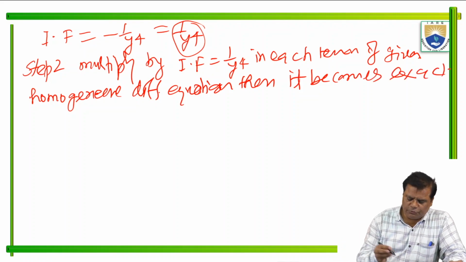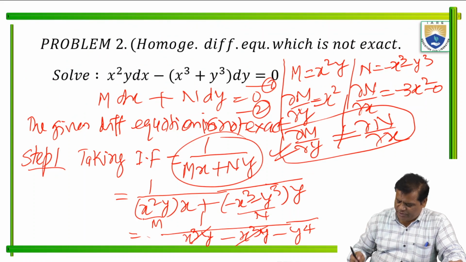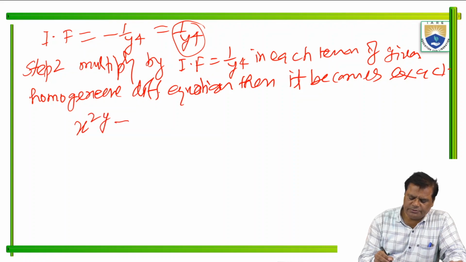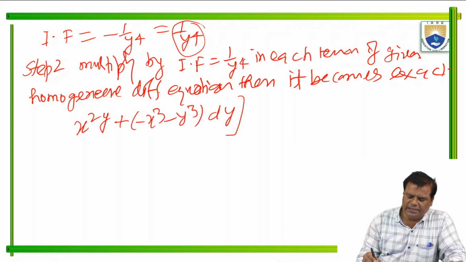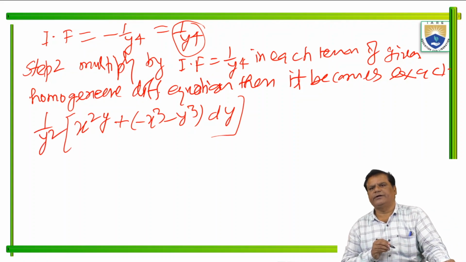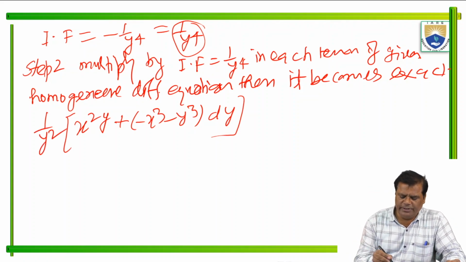So now our question is x square y dx plus minus x cube minus y cube into dy, equal to 0.